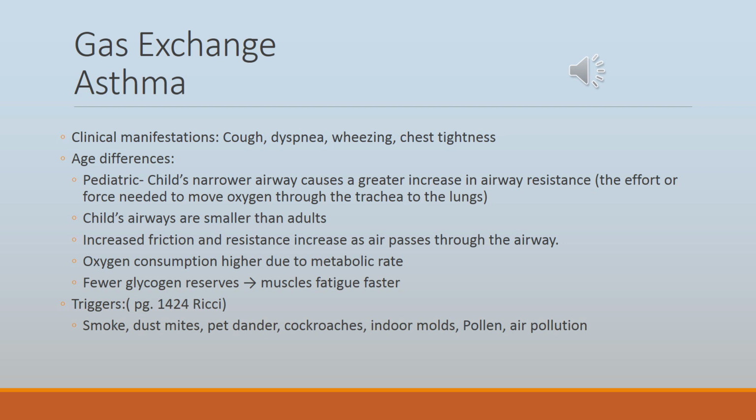Oxygen consumption in children is higher due to the metabolic rate being higher. And children also have fewer glycogen reserves, which means their muscles fatigue faster. There are triggers that elicit an asthma exacerbation, things like smoke, dust mites, pet dander, cockroaches, indoor molds, pollen, and air pollution.